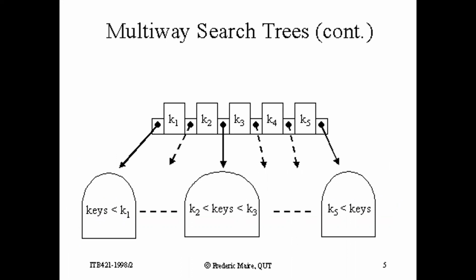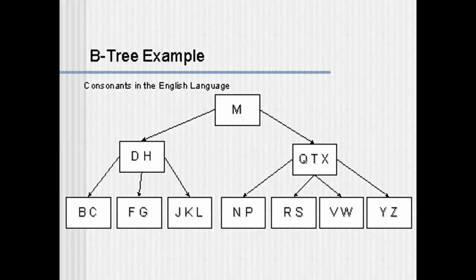Any branch would have keys that are larger than the key on its left in the root node and smaller than the key on its right in the root node.